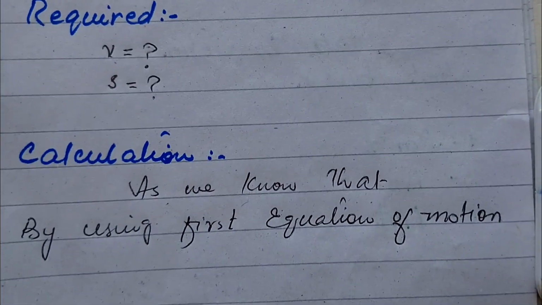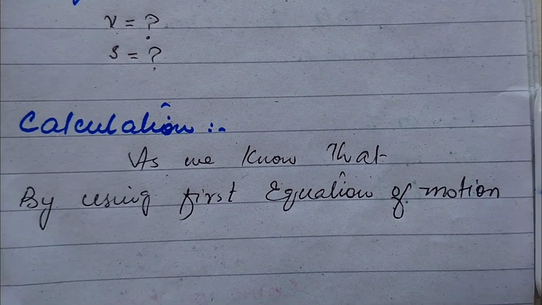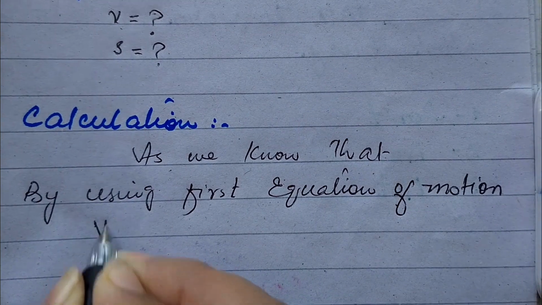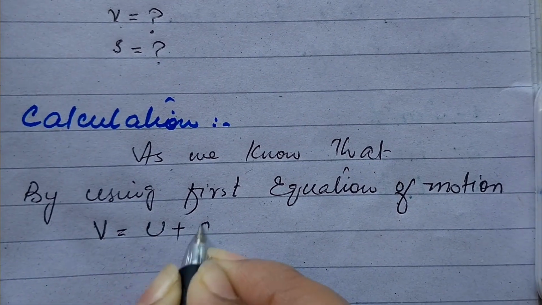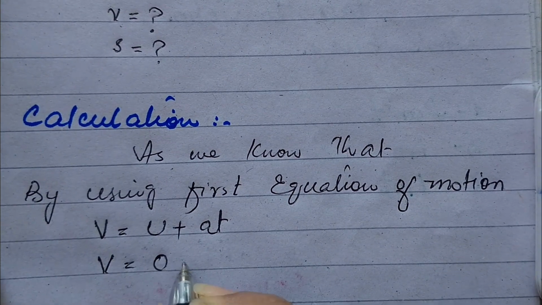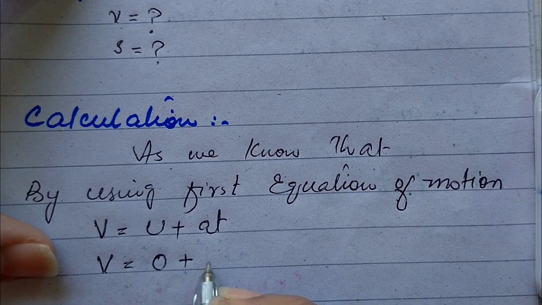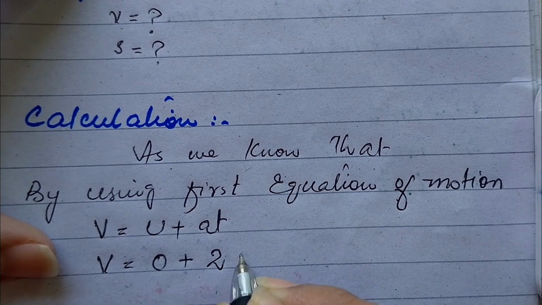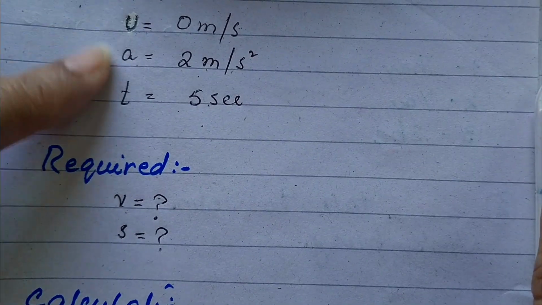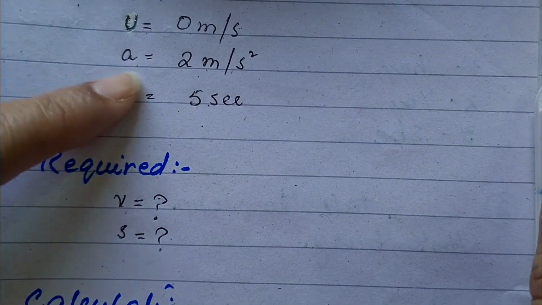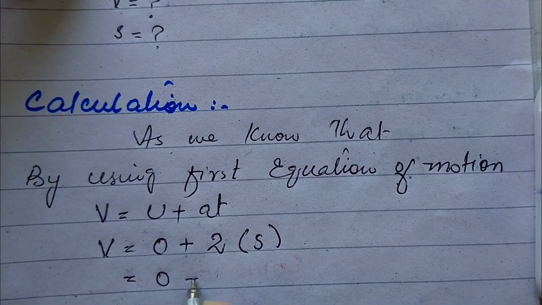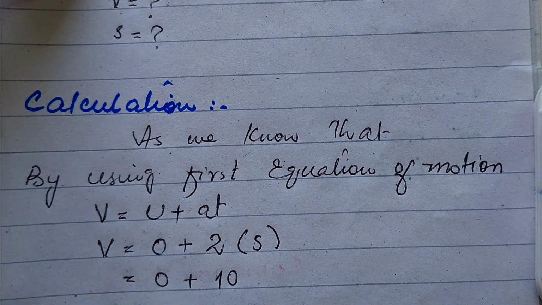So we apply the first equation of motion: v is equal to u plus at, where v we have to find, u is 0, a is acceleration, which is 2, and time is 5 seconds. u, a, t are given, so we will put the values of these terms in the equation and find the answer.